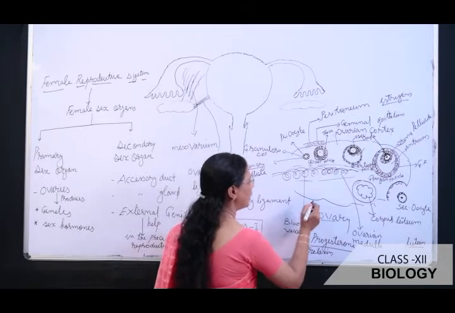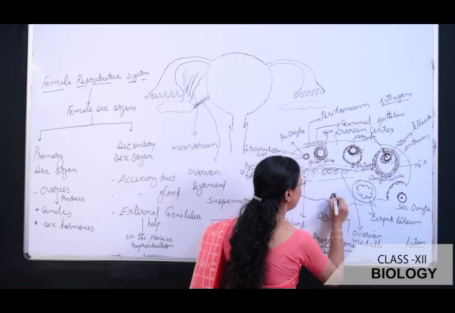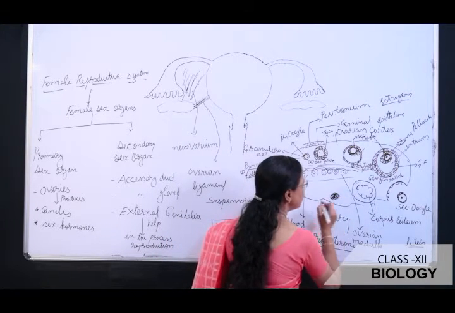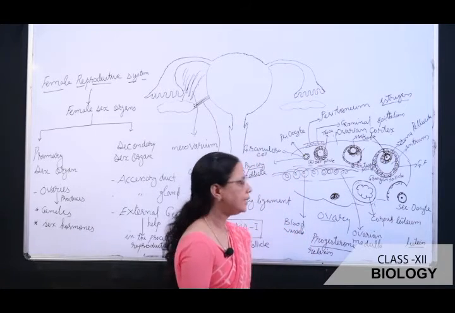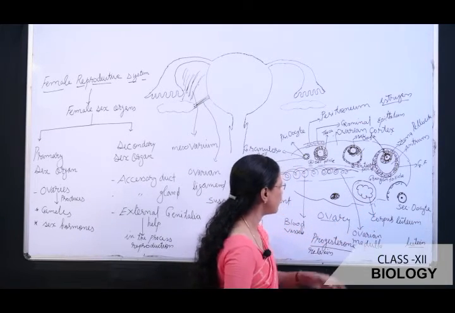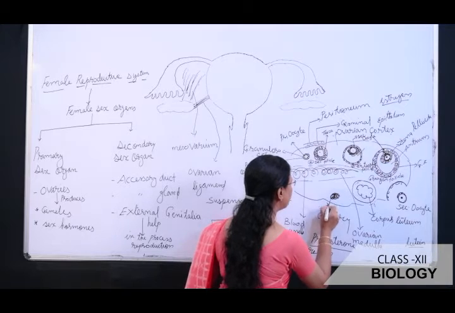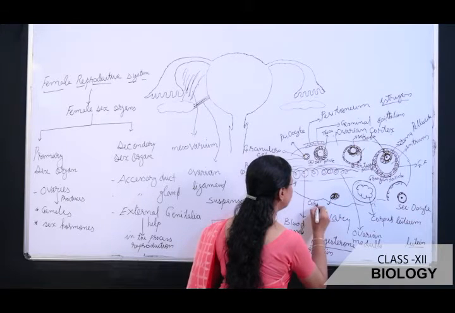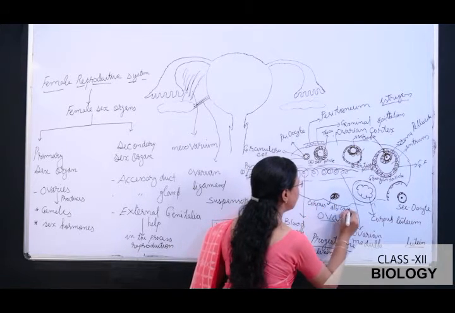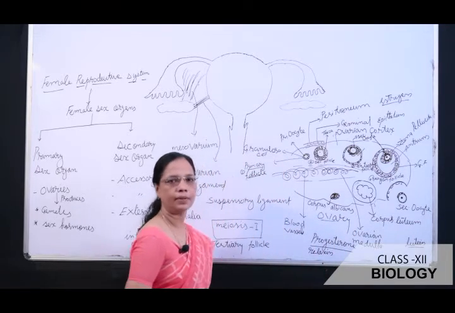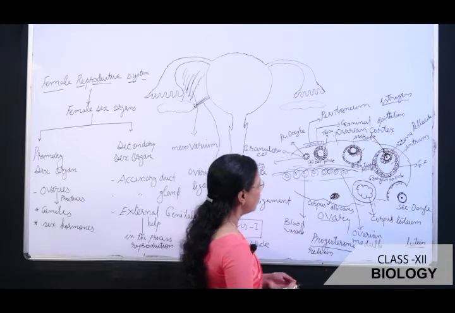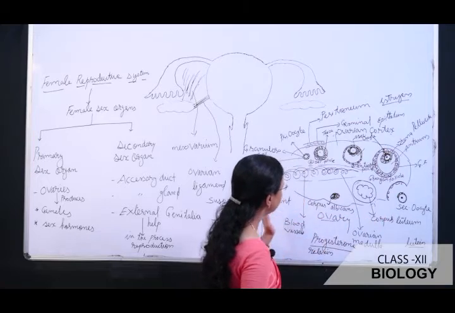And in the ovary you can see another white body. This white body is formed by the degeneration of the corpus luteum, which is called corpus albicans. Now this is about the ovary.